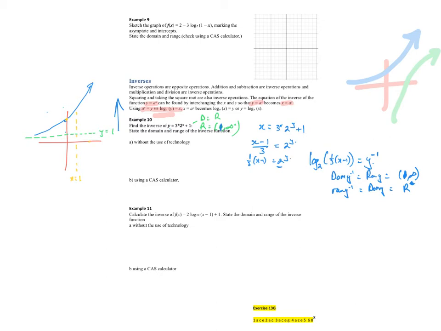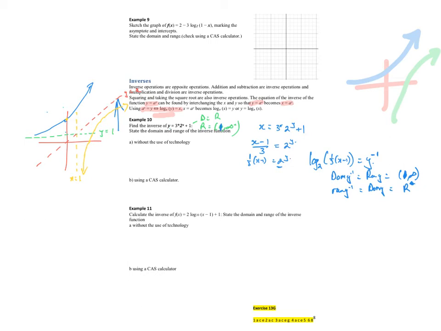My graph will look a bit like that for the inverse function. Now if you remember from our inverse functions, the inverse and the function itself are reflections about the line y equals x. So they should be mirror images about that line, which looks kind of right.